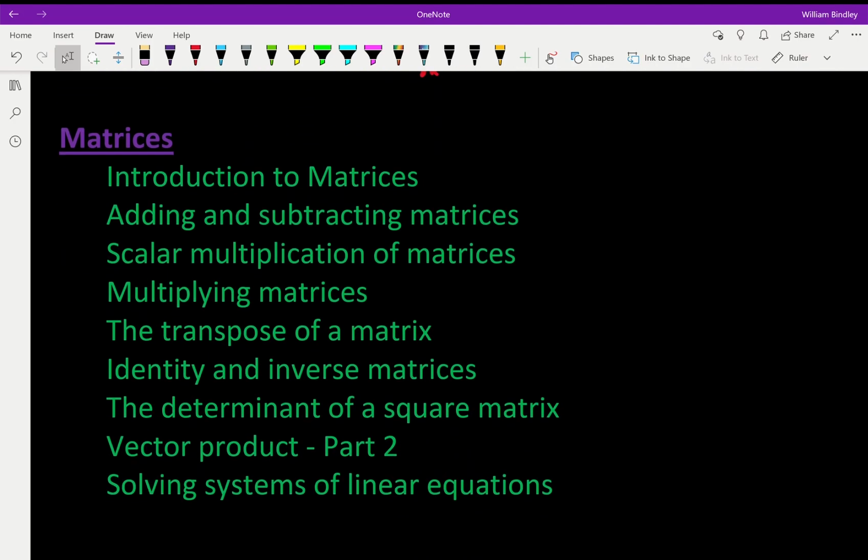This will bring us to the last topic, and that will be matrices. So I'll introduce them. So matrices, plural for matrix, okay?